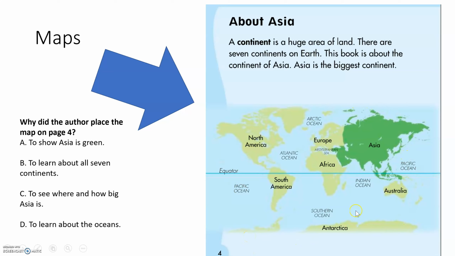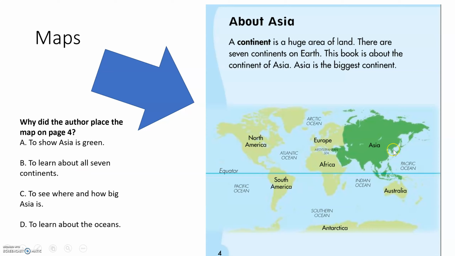So the author put this map here on page 4. Why do you think the author put the map on page 4? Do you think he put the map to show Asia is green? I don't think so. The text said nothing about Asia being green. Do you think the author put the map on page 4 to help us learn about all 7 continents? Maybe.